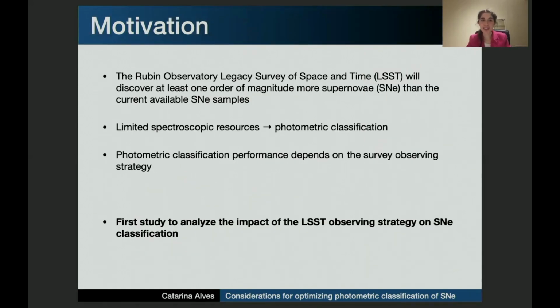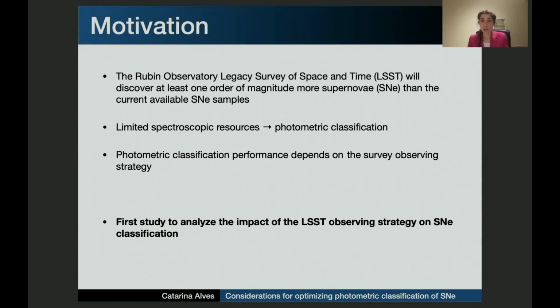The motivation for this work is that the Rubin Observatory Legacy Survey of Space and Time, also short LSST, will discover at least an order of magnitude more supernovae than currently available. Traditionally, we would use spectroscopic sources to spectroscopically confirm the supernova. But with so many supernovae and limited resources, we must rely on photometric classification.